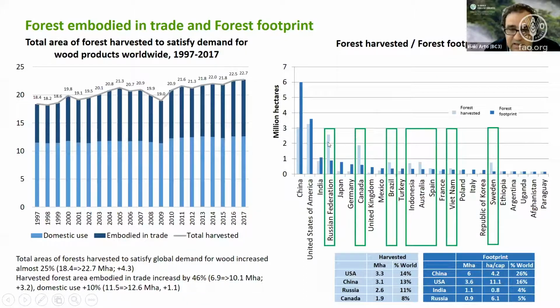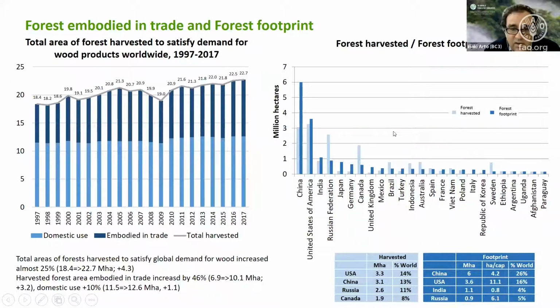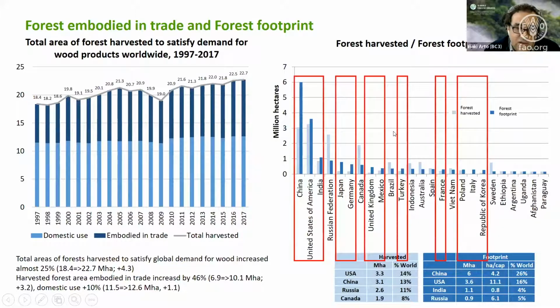This means that they harvest more than what they require to satisfy the domestic demand, and the difference between the harvested and the footprint are exports. These countries in green are net exporters of virtual forest land. And on the other hand, you have the countries that show a trade deficit in terms of forest land, like China, United States, India, etc.